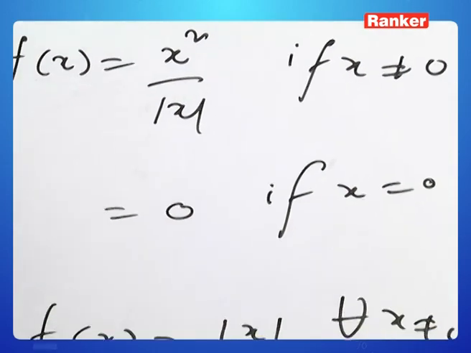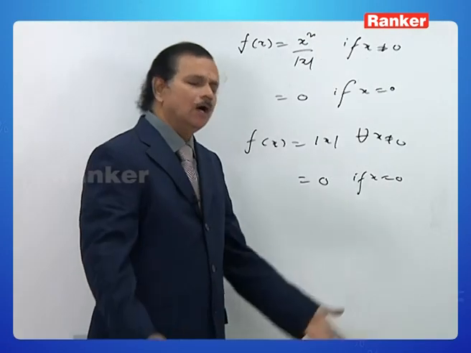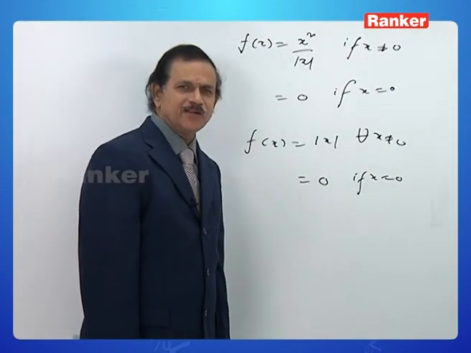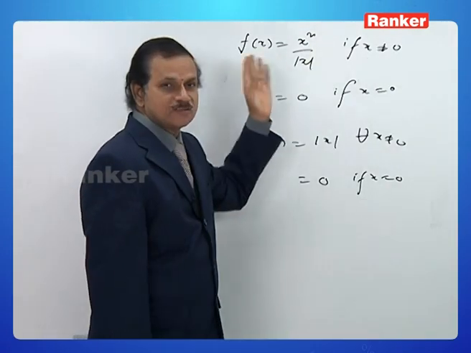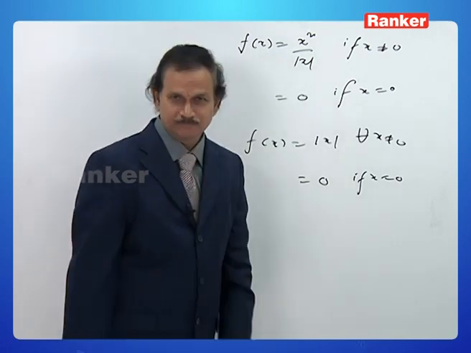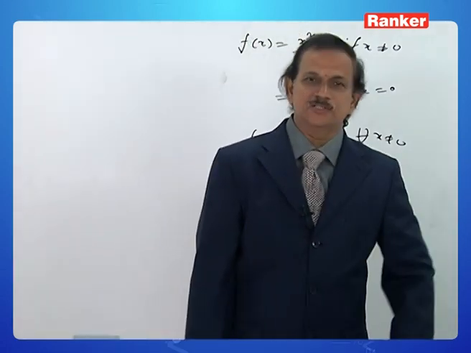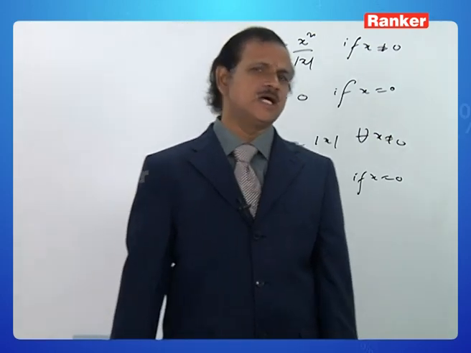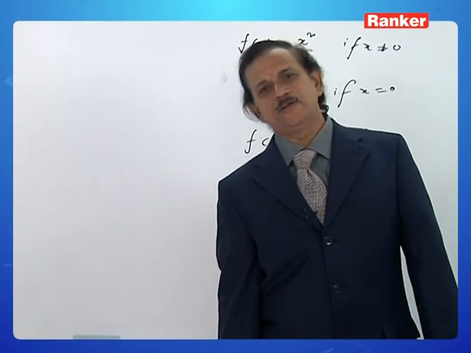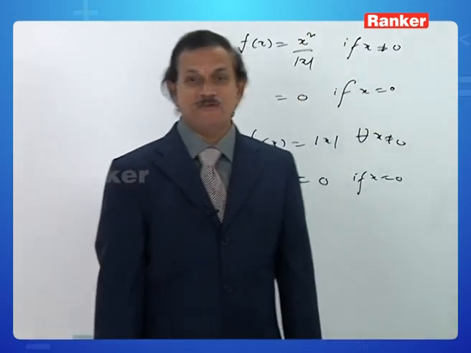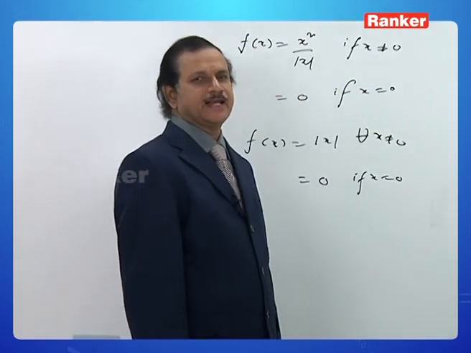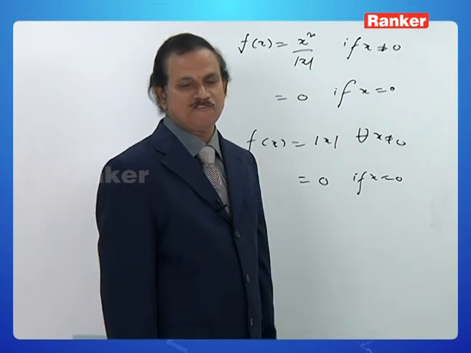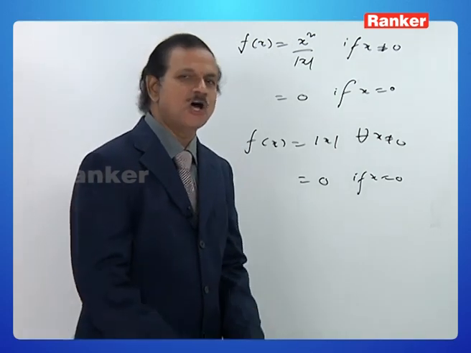That sense can be conveyed here also. But as we are supposed to follow this restriction, we have to write like this. And f of x is continuous at x equal to 0 also. That is, f is continuous at every real number. That is, f is everywhere continuous on R.